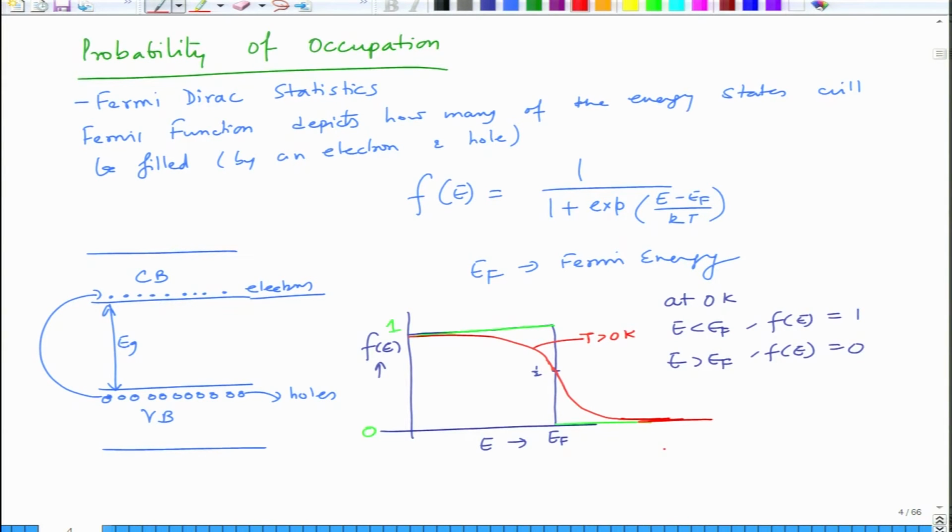So basically what happens is that this curve on this side follows the relation Fe approximately equal to 1 minus e to the power E minus Ef divided by kT, and at these energy levels it follows Fe approximately equal to e to the power minus E minus Ef divided by kT. Okay.